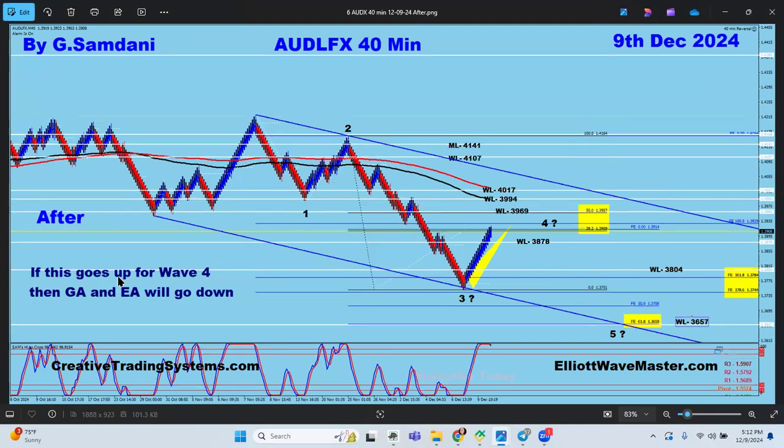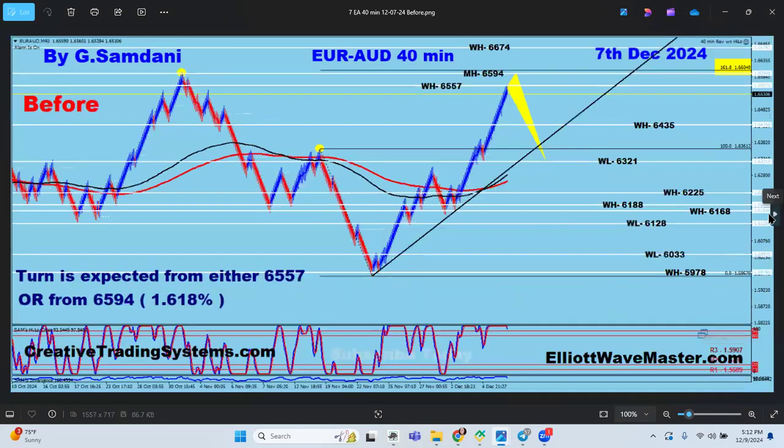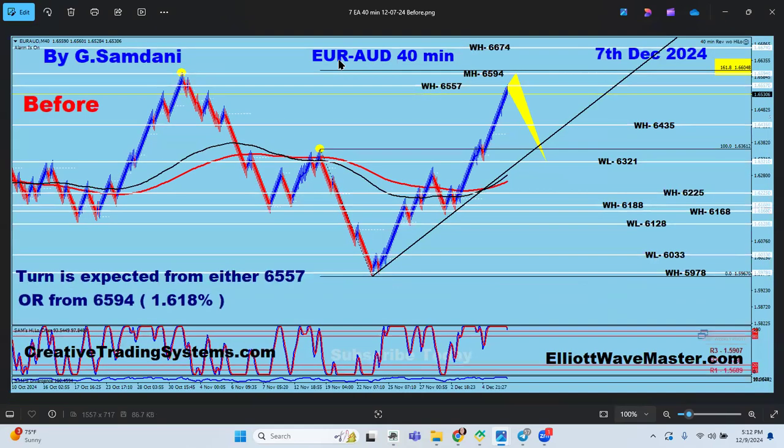If this goes up for wave 4, then GA, meaning pound Aussie, and Euro Aussie will go down, right? They were all the way up. And the Aussie is on the right hand side in these two pairs. So if the Aussie is going to get strong, those two will go down. So what happened to those charts? I made the charts for them as well, which was this. So I made the Euro Aussie that's going to drop while Aussie index chart will go up, right?